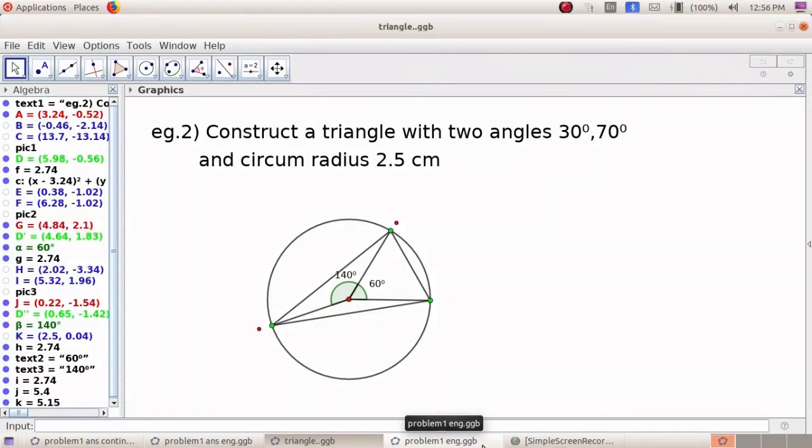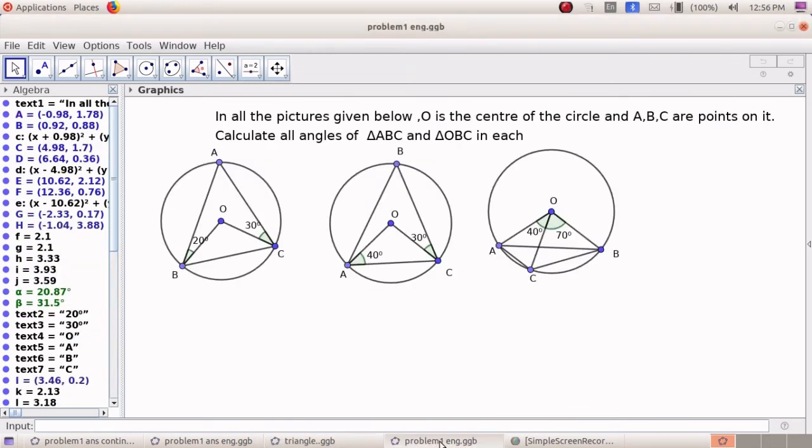Now let us solve some textbook problems. See the first question. Read the question. Here it is told O is the center of the circles. In all the cases, O is the center.